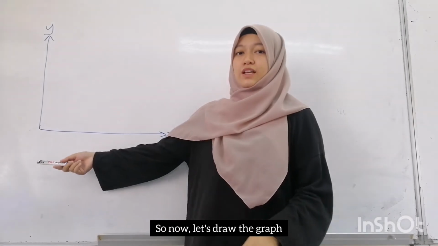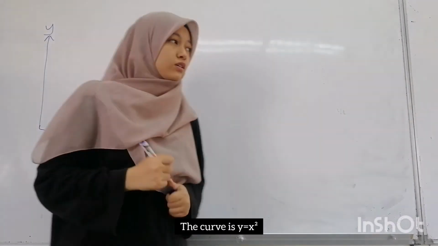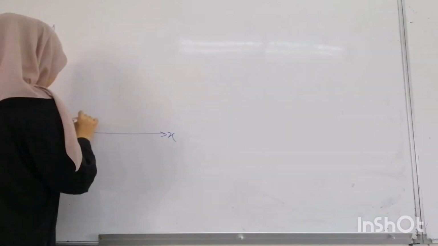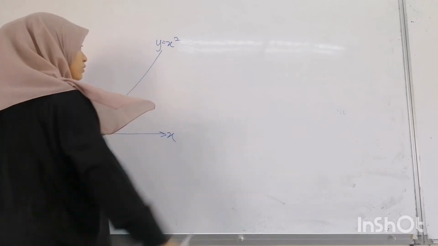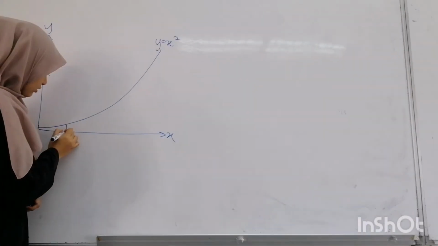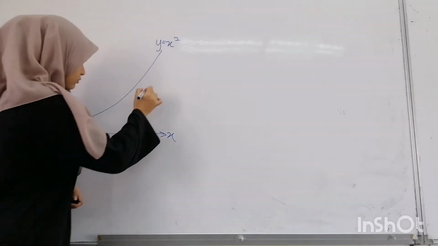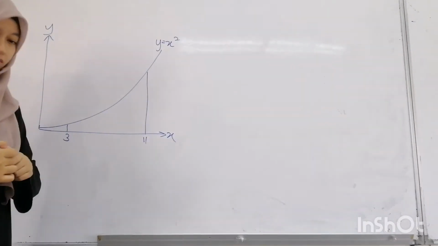So now let's draw the curve. The curve is y equals x squared. And the area that we want to find is between 3 and 11.